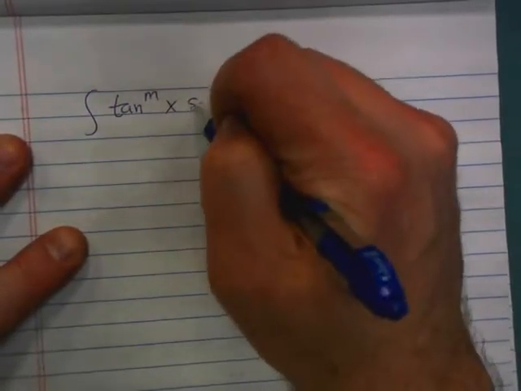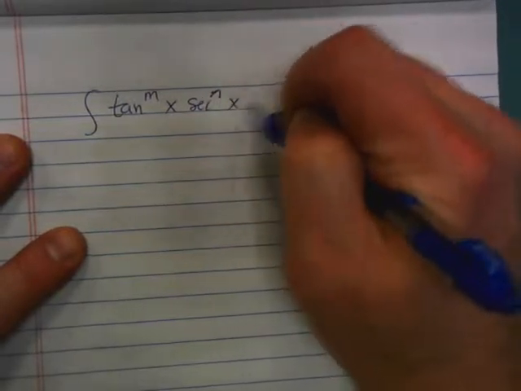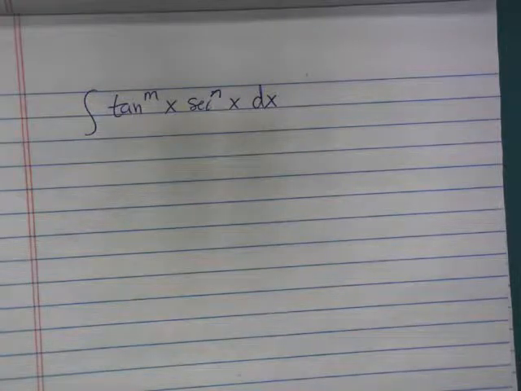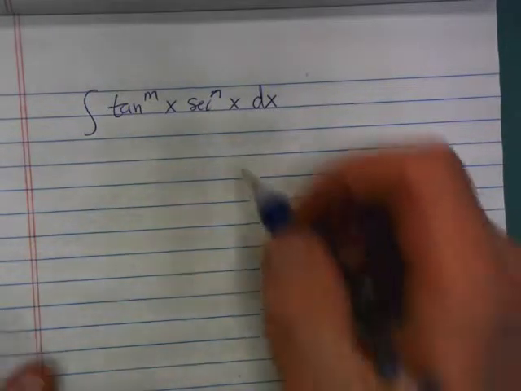All right, and then with tangents and secants. Tangents and secants are a little bit harder to remember. Two possibilities.